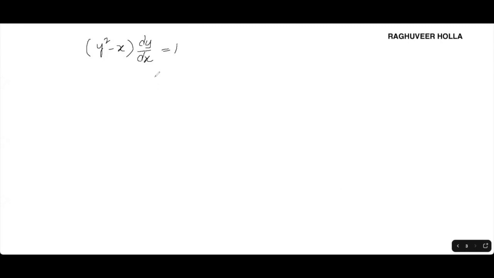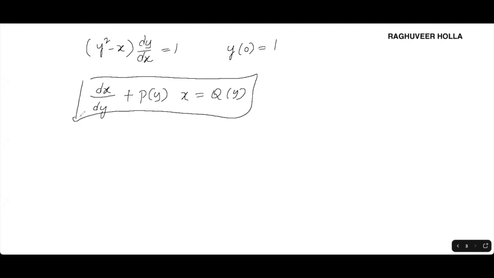Now, this was our problem, which will be satisfying y of 0 is equal to 1. So this is not of the proper form, which is supposed to be dx by dy plus p of y into x is equal to q of y, which is a linear differential equation.